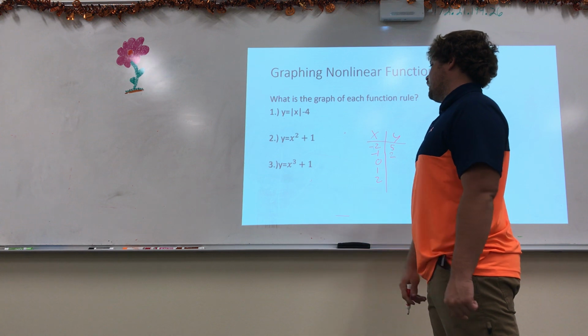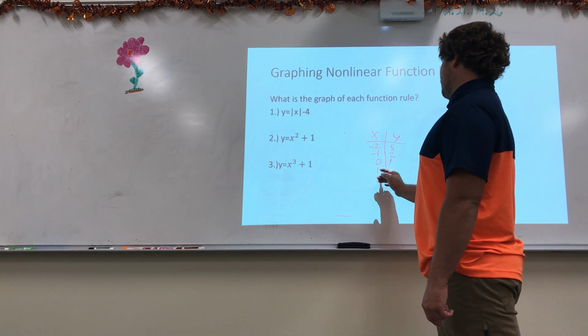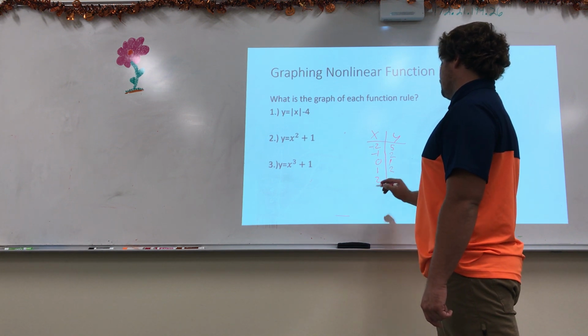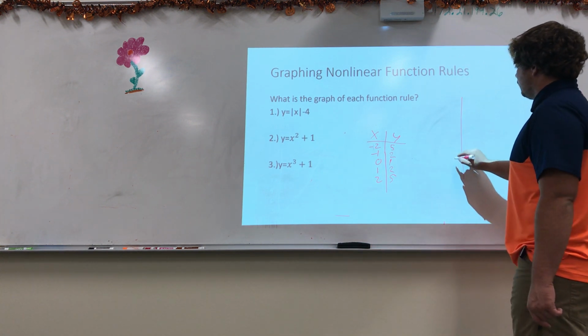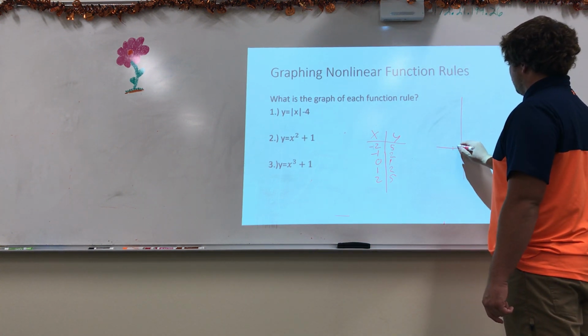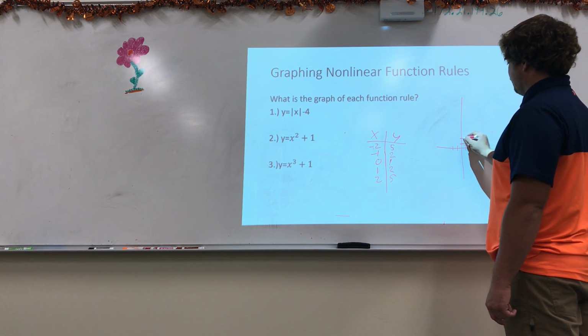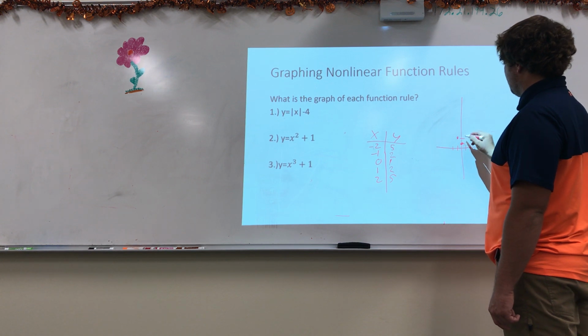I put in 0 there. 0 squared is going to give me 0, so I'm going to get 1. I'm going to plug 1 in there. I'm going to get 1 plus 1, which is 2. Put 2 in there, I'm going to get 5. Okay. This is where this one would be at. -1 would be right here.